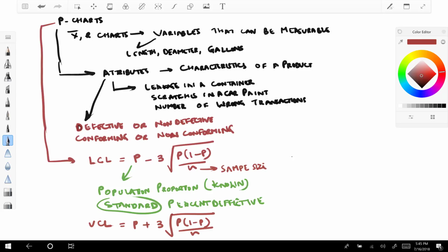Again, P is the population proportion or the standard, and N is the sample size.